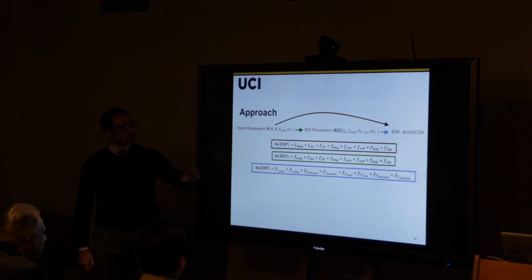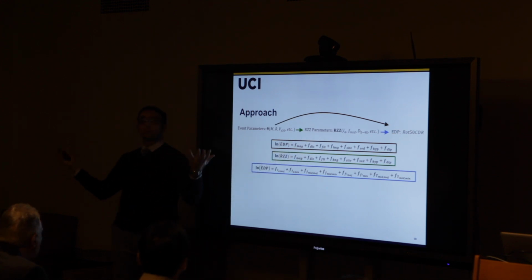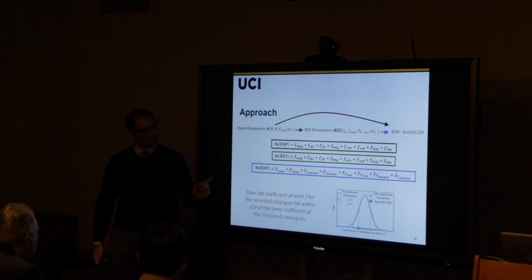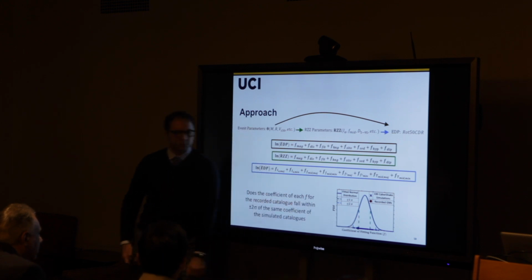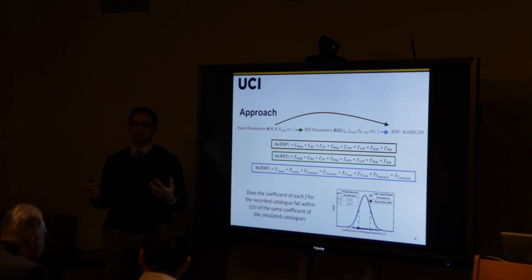I'm arguing that if I do the fitting between these guys and EDPs within the 101 sets, one set from recorded will give me one set of coefficients, 100 sets of simulations will give me 100 sets of coefficients. I'm saying that if the one recorded falls, or each coefficient falls within the plus minus 2 sigma of what I get from simulations, I am getting the ballpark correctly.